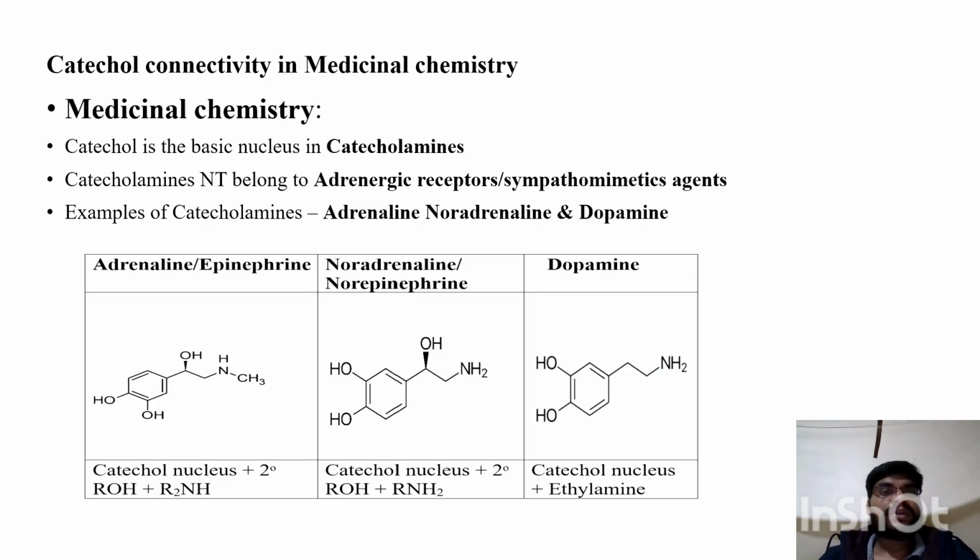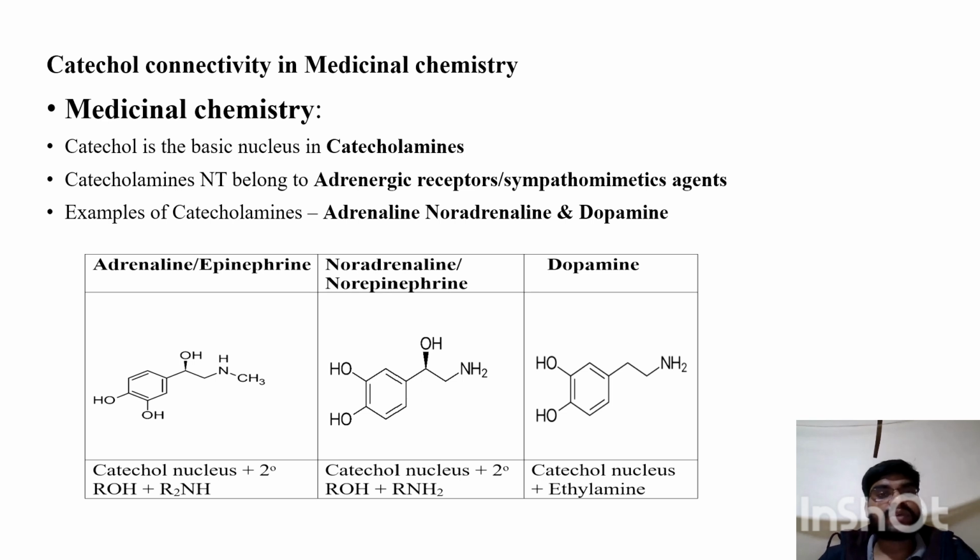Next, coming to catechol connectivity in medicinal chemistry. What is the purpose of catechol, and what is its use in medicinal chemistry? All this is discussed in this slide. In medicinal chemistry, catechol is the basic nucleus present in catecholamines. You are well acquainted with the sympathetic or adrenergic nervous system.